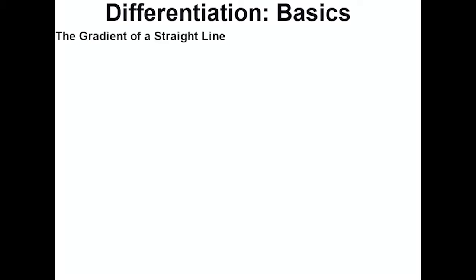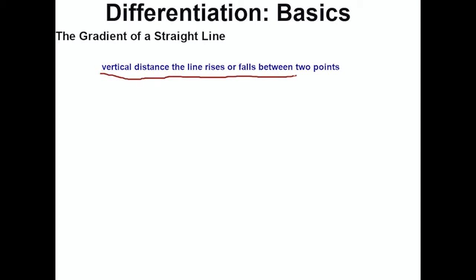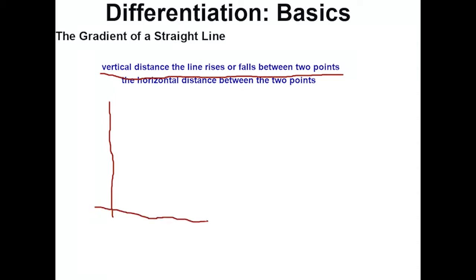The gradient of a sloping straight line is defined as the vertical distance the line rises or falls between 2 points, divided by the horizontal distance between the 2 points. That's the gradient.